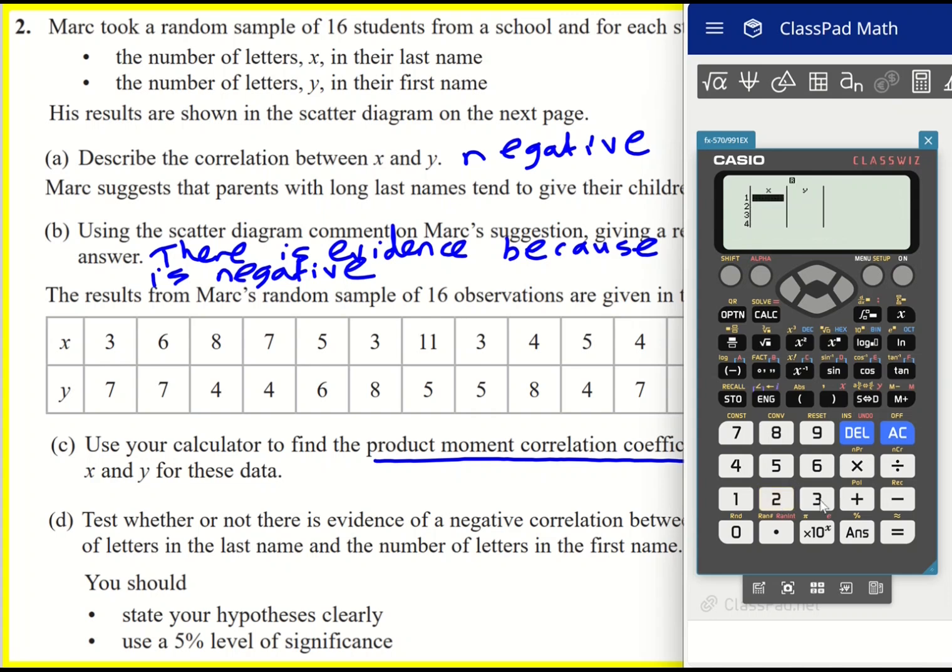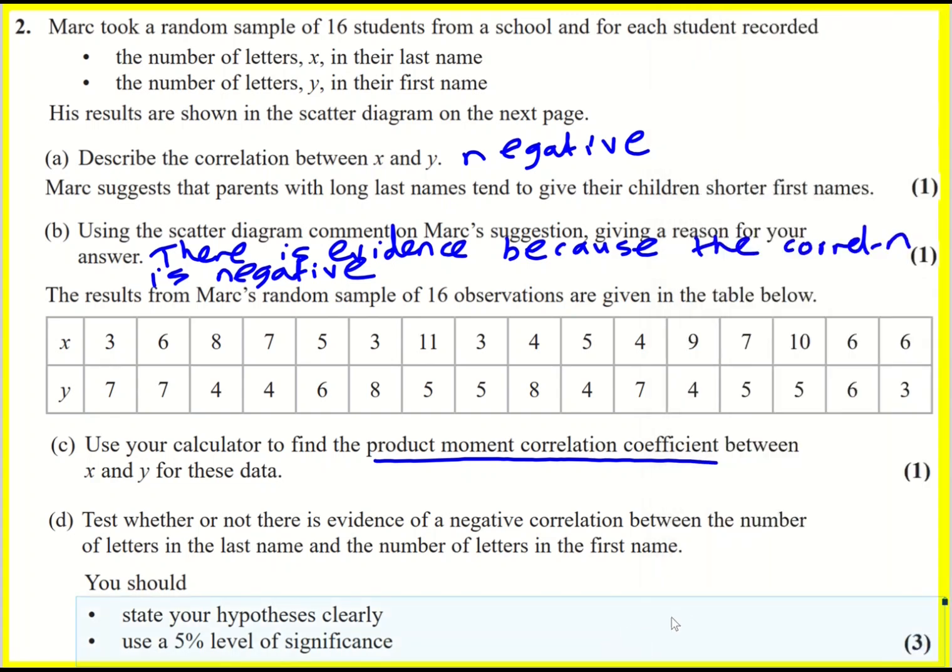And then we just need to carefully enter our values. So I'm going to do this. Okay, why not have a go with me? You can probably do it quicker than me. 9, 7, 10, 6, 6.